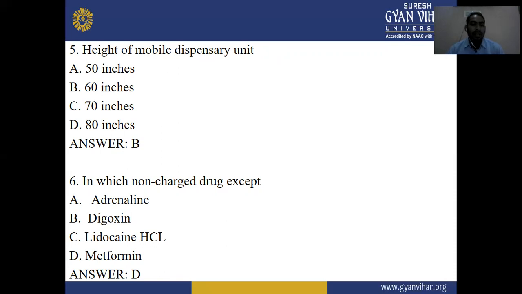Next question: which drug is not a non-charged drug? Option A is adrenaline. Option B is digoxin. Option C is lignocaine. And option D is metformin. The right answer is D, metformin.